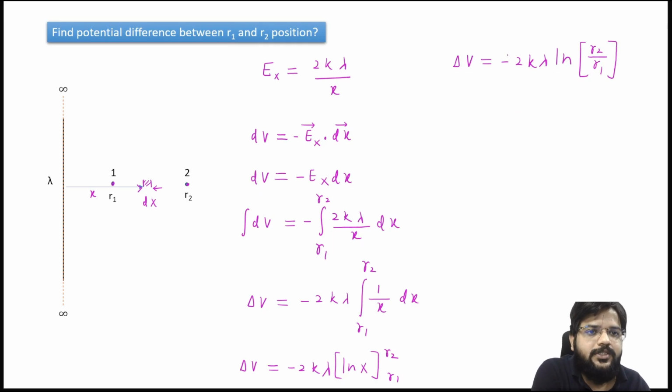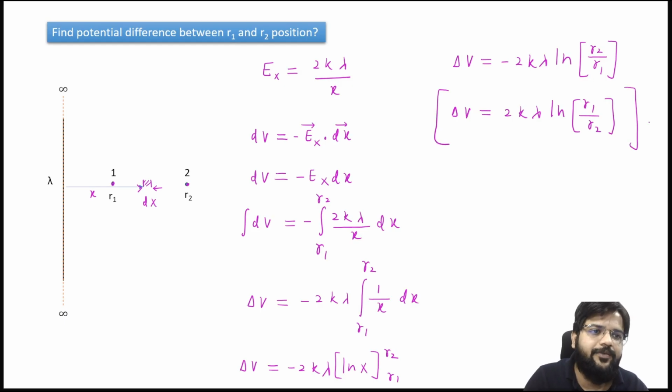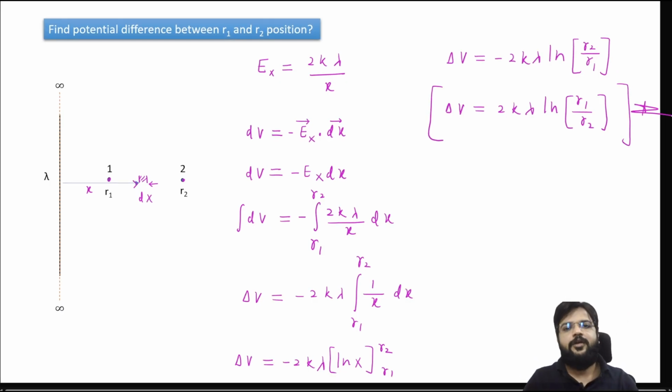Now what we can do is put this negative sign inside and use the log property. So finally we are getting del V is equal to 2k lambda log r1 by r2. Correct, the log property we already know, so we are using this property here, and this is the final answer, everyone. So if we move from position 1 to 2, the change in potential is 2k lambda log r1 by r2. Note it down, everyone.